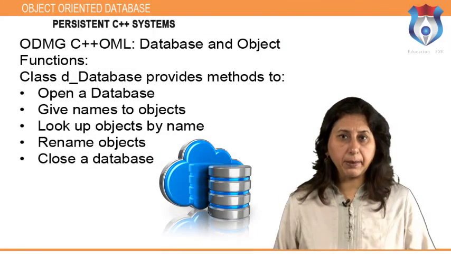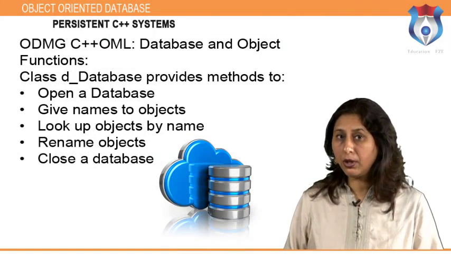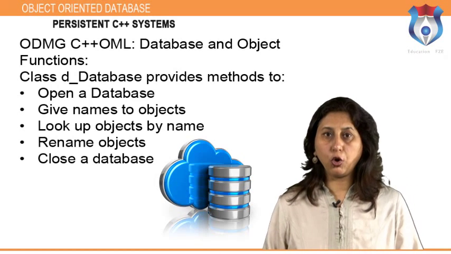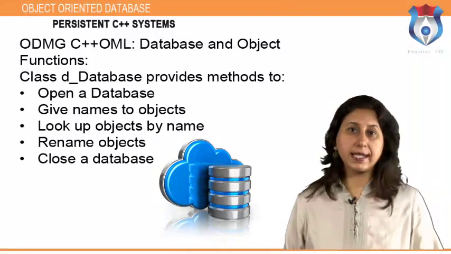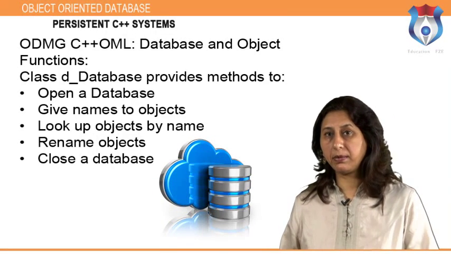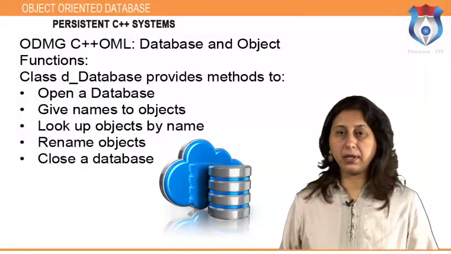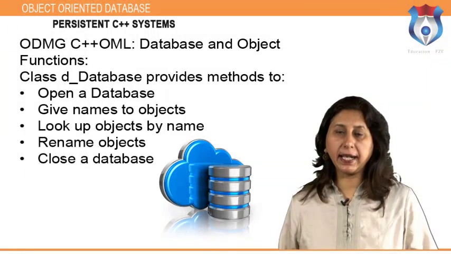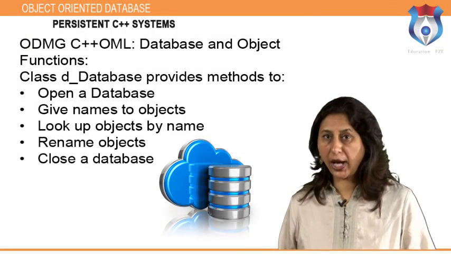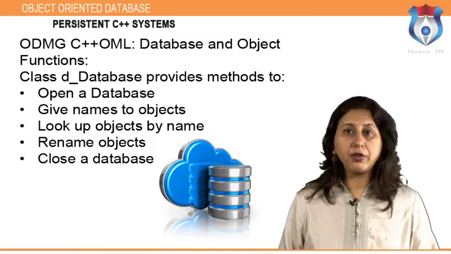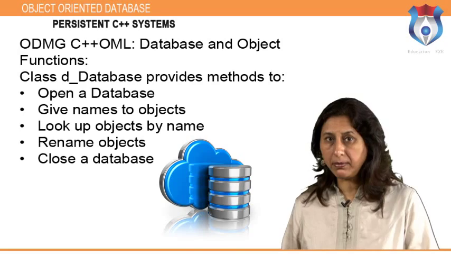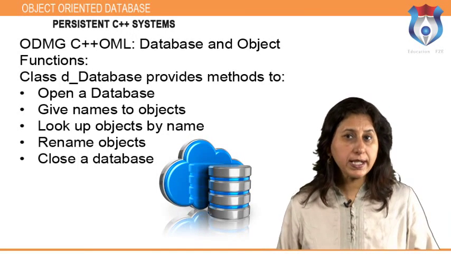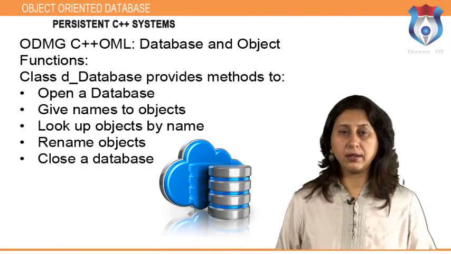Class d_Database provides methods to open a database, open(database_name), give names to objects, set_object_name(object, name), look up objects by name, lookup_object(name), rename objects, rename_object(old_name, new_name), and close a database, close.